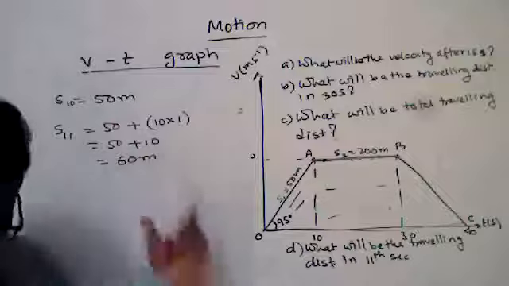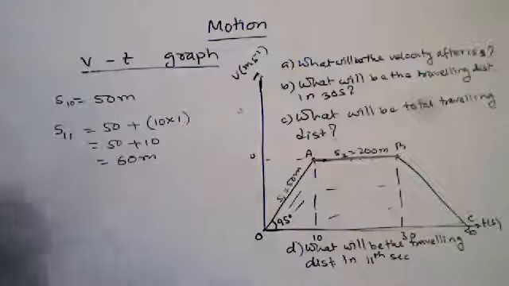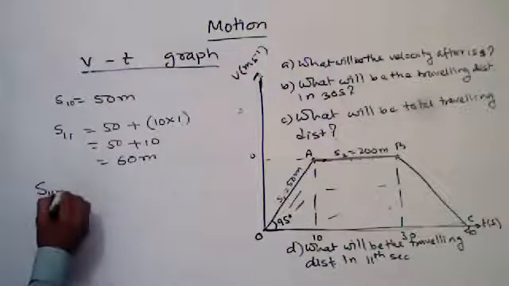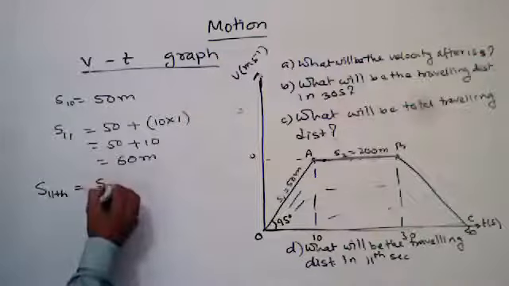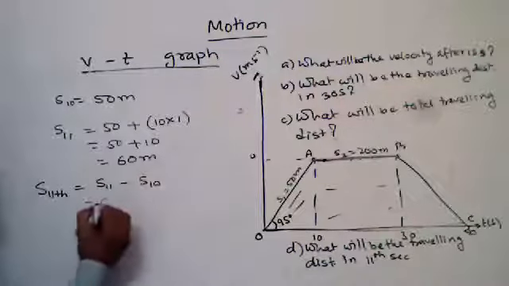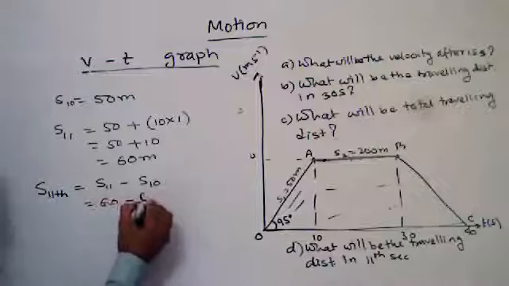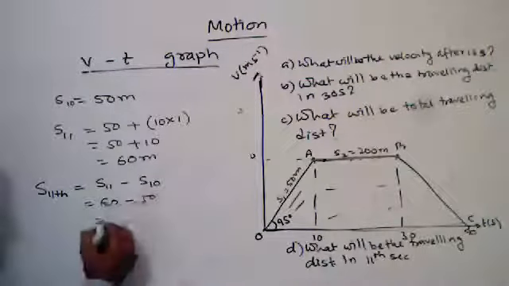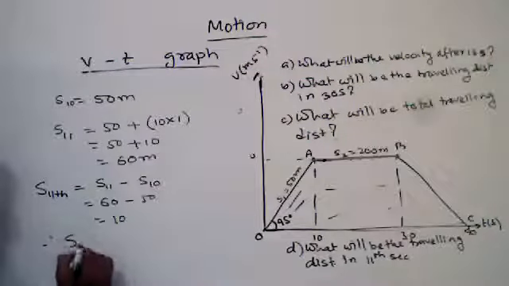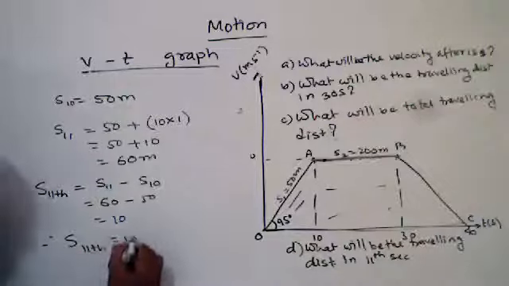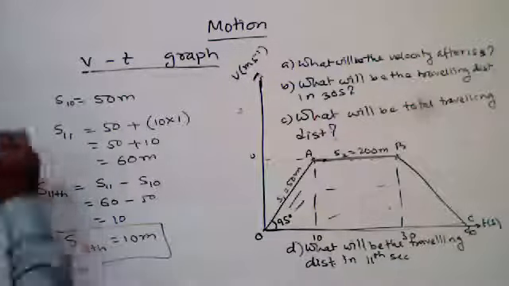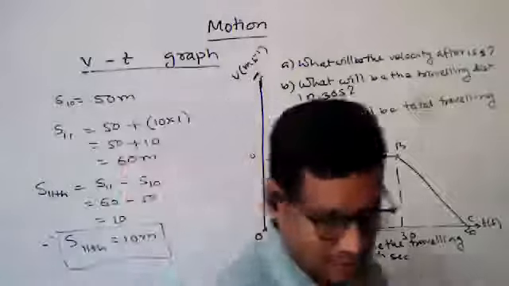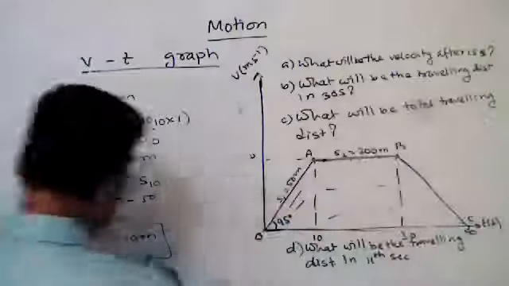This is the traveling distance in 11 seconds. So the traveling distance in the 11th second will be S11 minus S10. So 60 minus 50, so it will be 10. So S11th equals 10 meters. So in the 11th second, it travels 10 meters. You have to remember this.